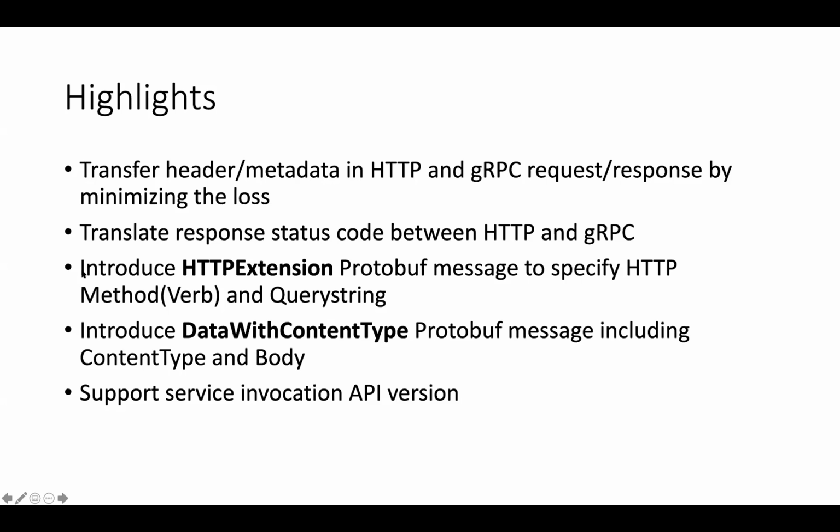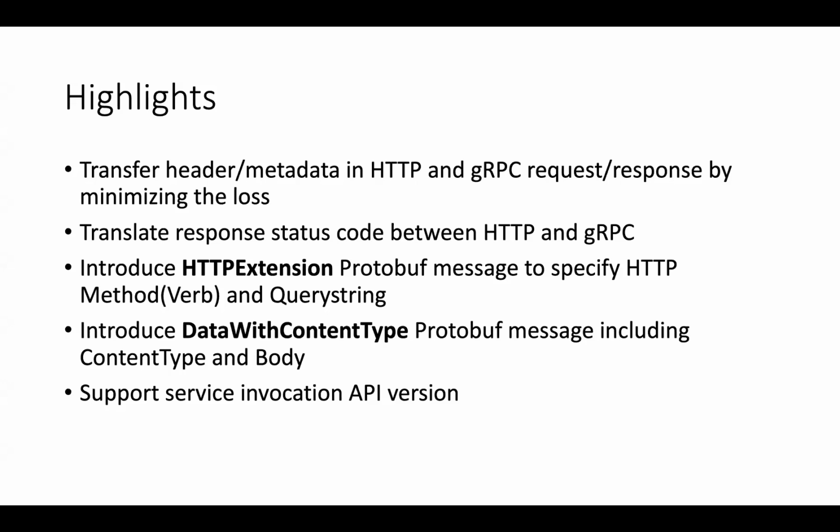And we introduced two protobuf messages to fill the gap in the HTTP protocol. One is the HTTP extension protobuf message, which includes the HTTP method and query string. With this, if you're using the gRPC service invocation API to call the HTTP application, you can now pass the HTTP method and query string explicitly.